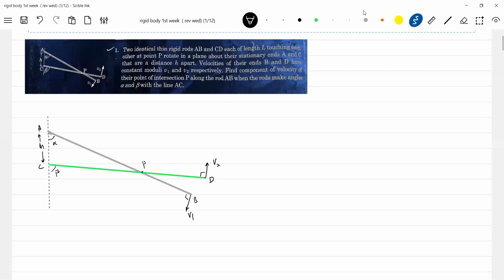Find the component of velocity of their point of intersection P along the rod AB. This is the question that is being asked. So let me call this rod 1 for our convenience, and let this be rod 2.